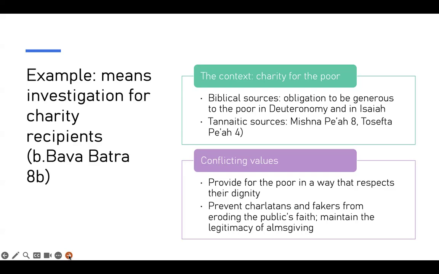And by doing so fraudulently, they're eroding the public's faith. We want to maintain the legitimacy of almsgiving so that people generally have trust that the people they're giving money to really are poor and are really in need. So the question is under which circumstances are we going to authorize investigating putative charity recipients to make sure that they really have a genuine need?